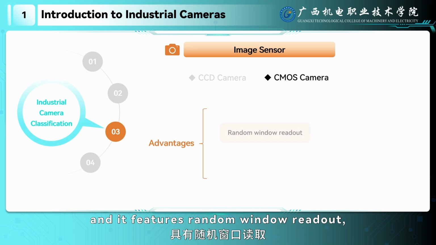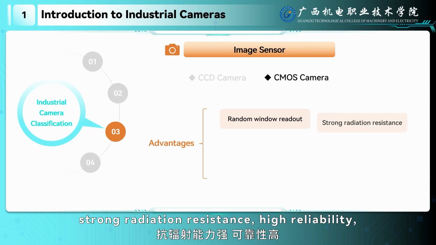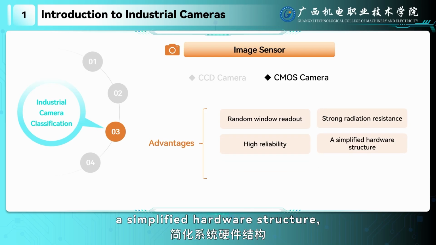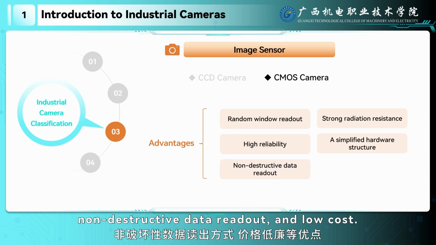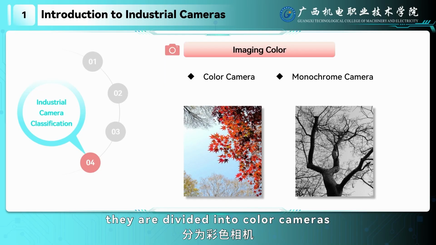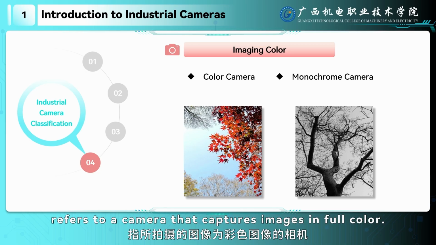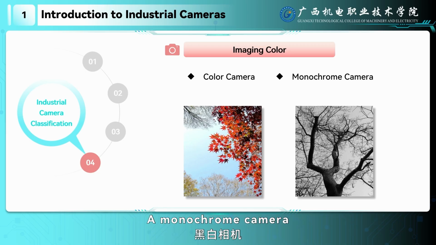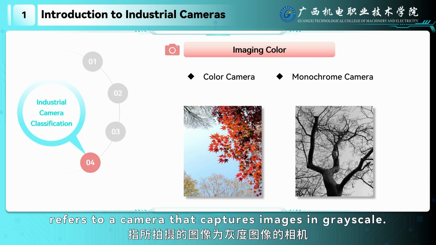And it features random window readout, strong radiation resistance, high reliability, a simplified hardware structure, non-destructive data readout, and low cost. Based on imaging color, they are divided into color cameras and monochrome cameras. A color camera refers to a camera that captures images in full color. A monochrome camera refers to a camera that captures images in grayscale.